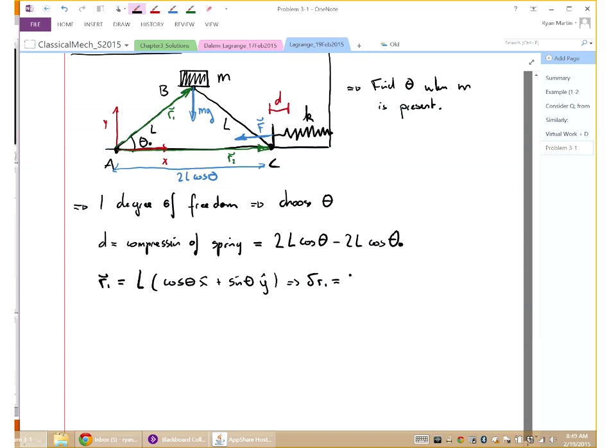So that means that delta R1, now I apply the chain rule, I want delta R1 when theta changes. L is a constant. Then I have minus sine theta delta theta x hat plus cos theta delta theta y hat.